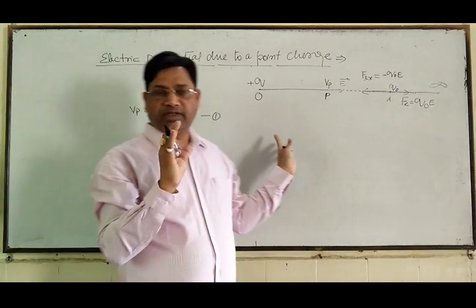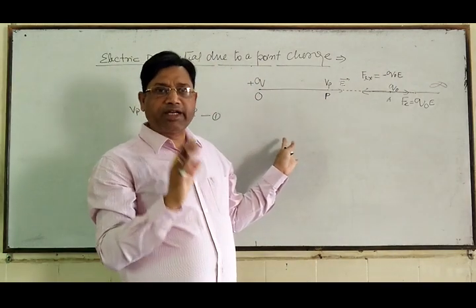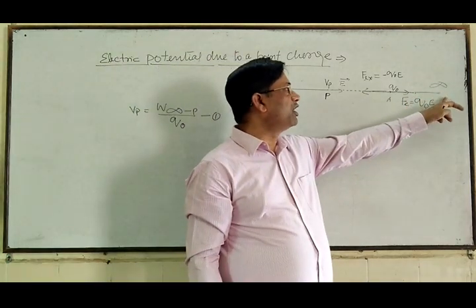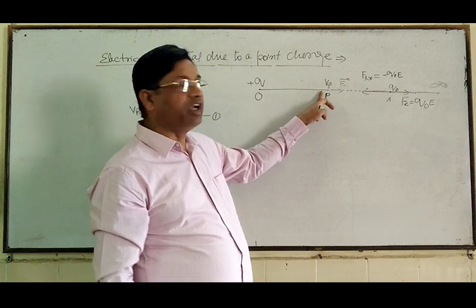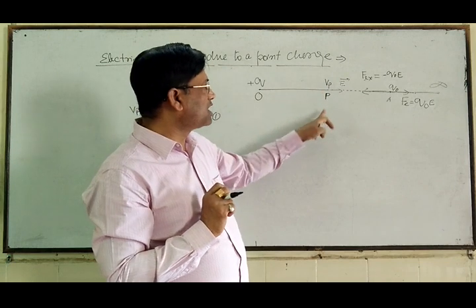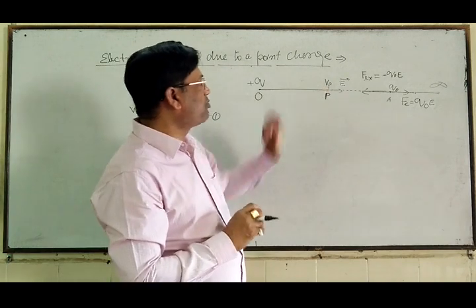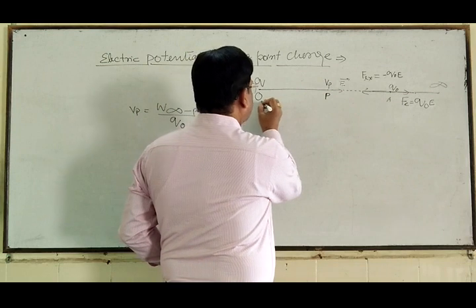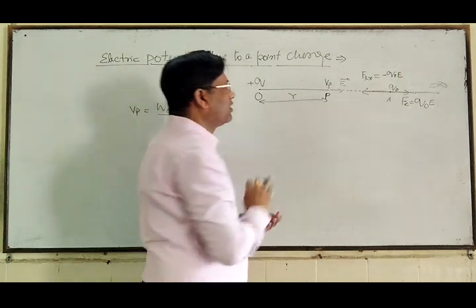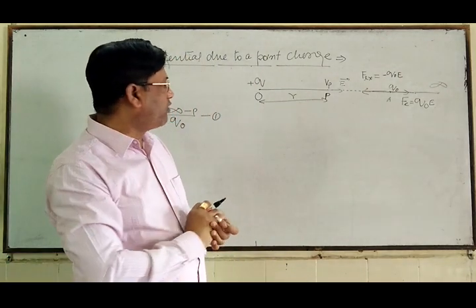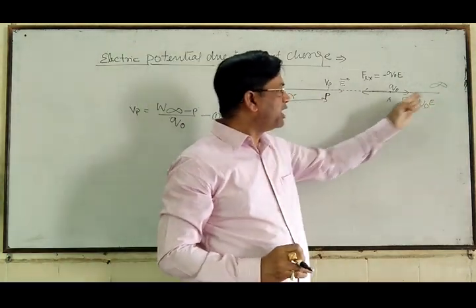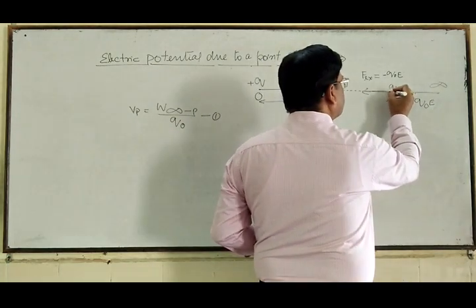In order to find out the electric potential due to a point charge, we have to move a point charge from infinity to the point of the electric field where we have to find the electric potential. For this purpose, consider P is a point at a distance r from the point charge, and when we are bringing it, let us consider A is the location.